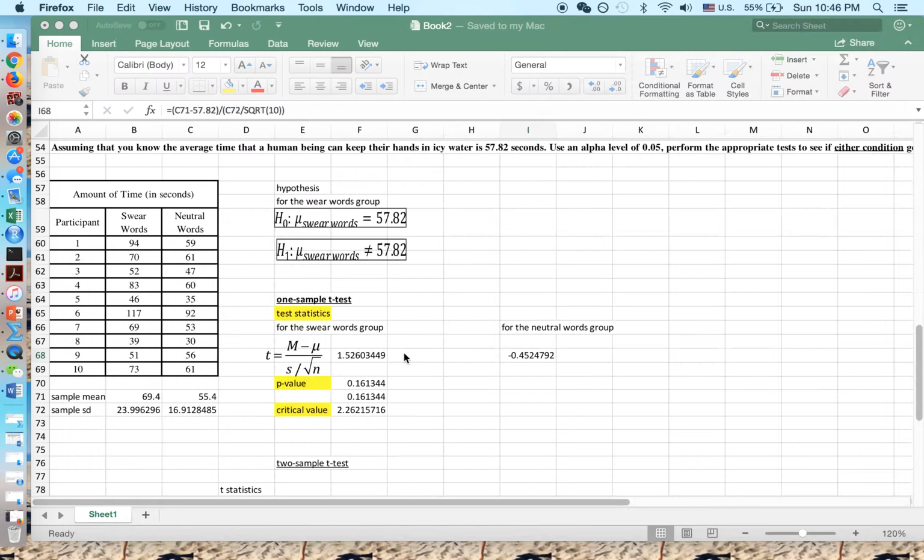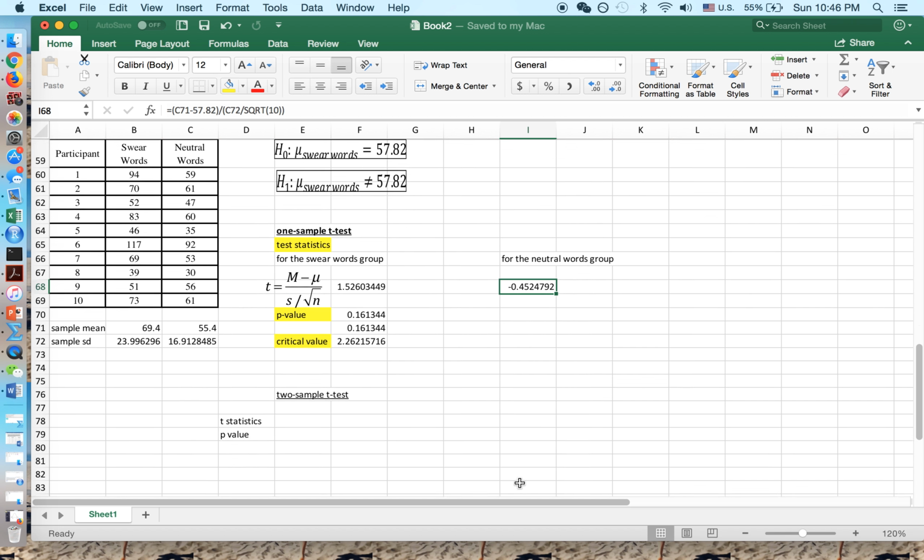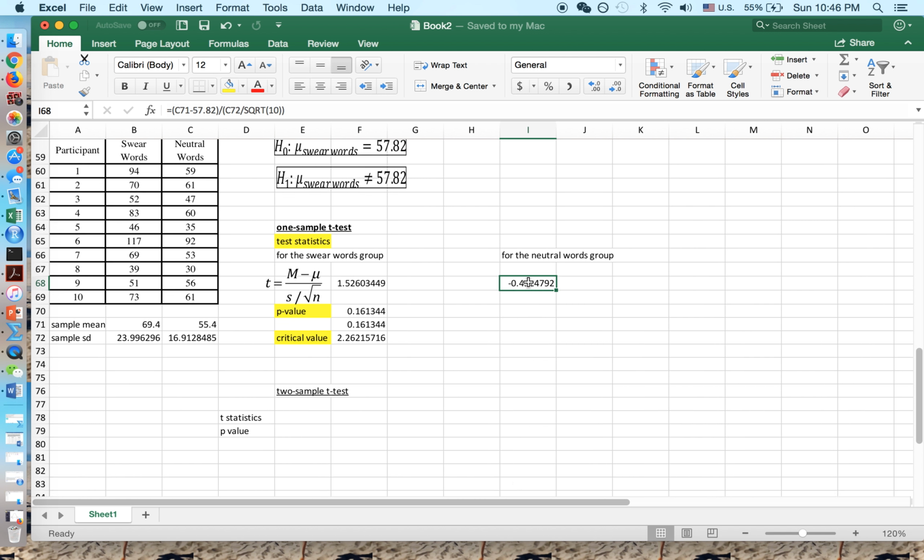Okay, so how do I decide whether I should reject the null hypothesis? I can simply look at the absolute value, because the t distribution is symmetrical, and compare the absolute value of the t statistic to my critical value. Apparently, this is smaller.